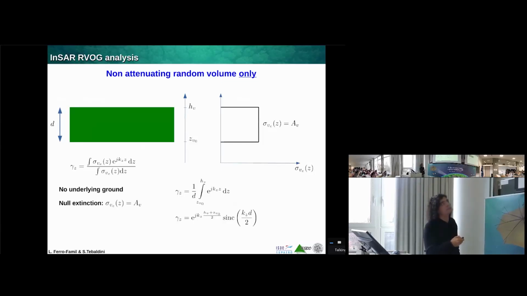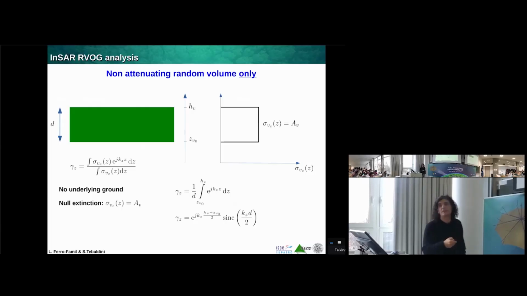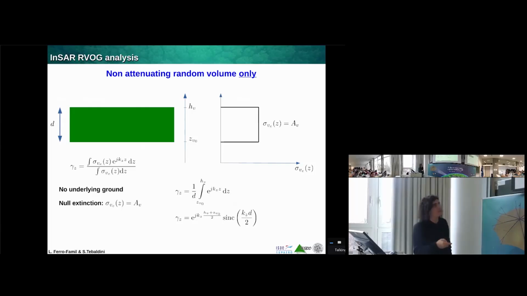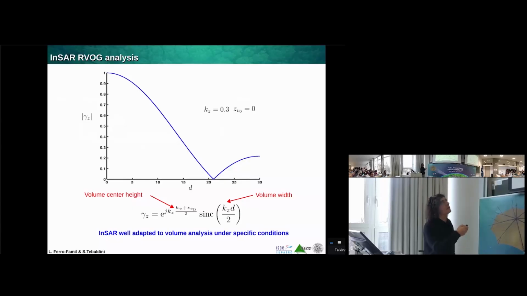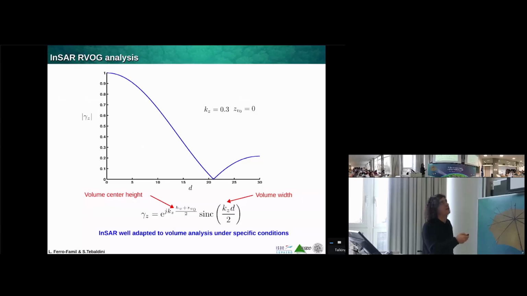In this case, the reflectivity is a rectangle, and the coherence here follows a cardinal sine, a sinc shape. So it means that for a given baseline configuration, you have a correlation whose value changes with the height of the volume, the width of the volume.